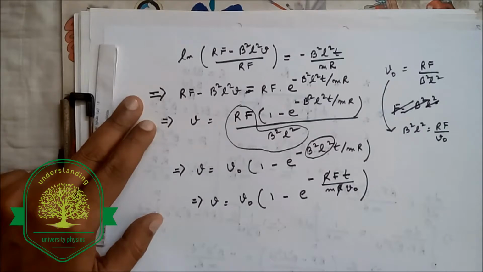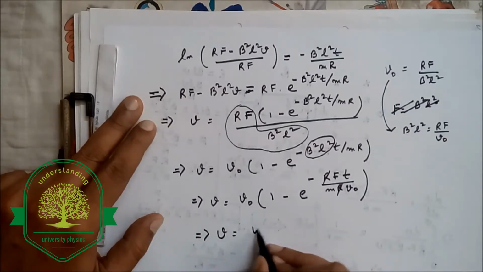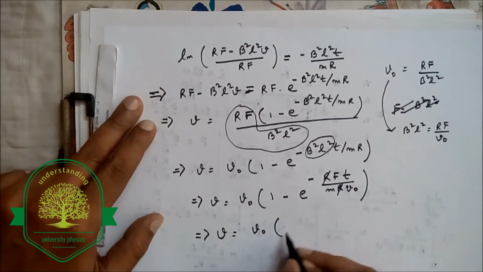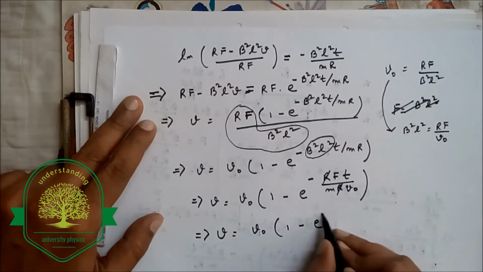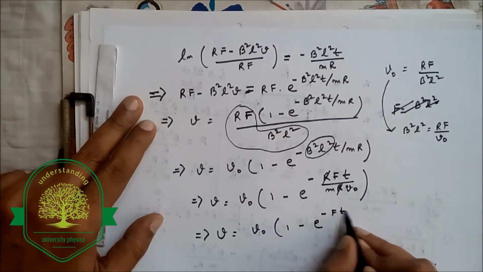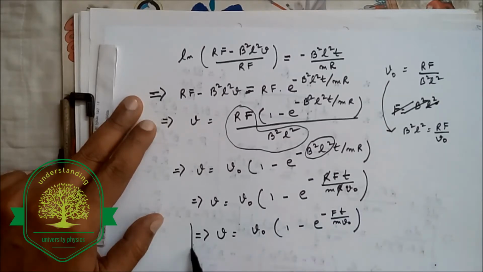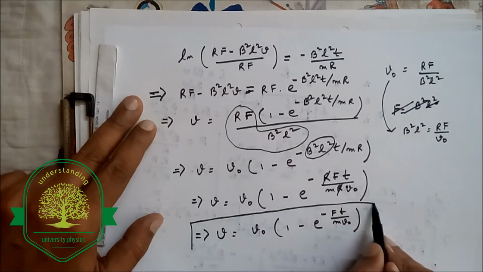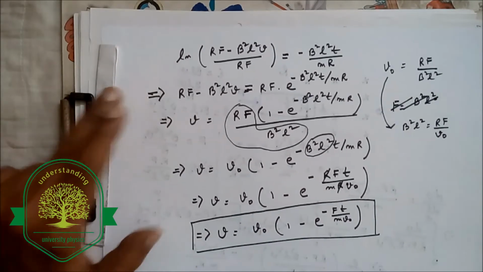Yeah, so this is what they are asking us to prove here. So V becomes equal to V naught times 1 minus e to the power of minus Ft by mv naught. So that's the expression for the speed V as a function of the time t.